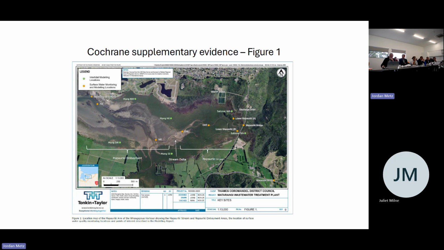So I'll just follow on from 2.5. There's a notable reduction in TN concentrations downstream of the Matarangi stream delta. Overall, modelling undertaken suggests low levels of environmental risk from TN in the Matarangi embayment area from the discharge of treated wastewater.